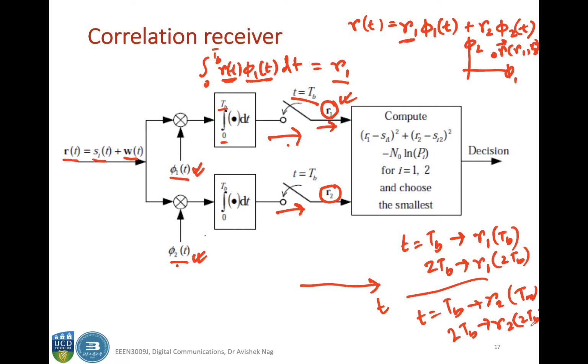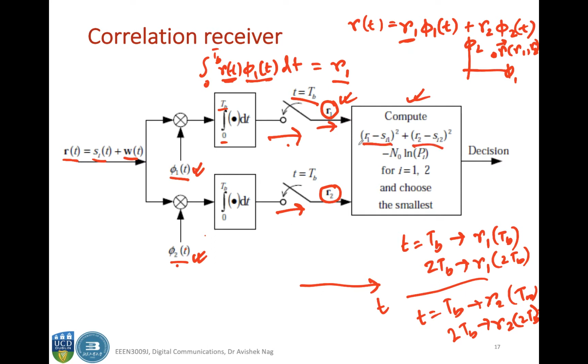So all these samples of the different components of the received signal are observed, and you have a circuit here. Imagine this is a box which has some circuitry inside that is computing these terms.